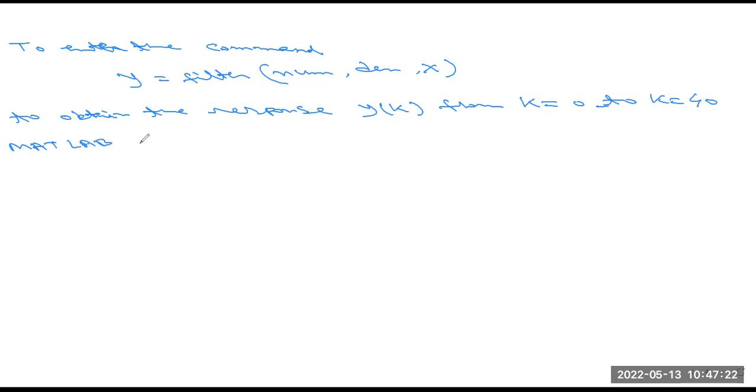MATLAB program for this problem, that is the particular function. So in our MATLAB there are some commands we have to use. That means first percentage. The question title is finding inverse Z transform.